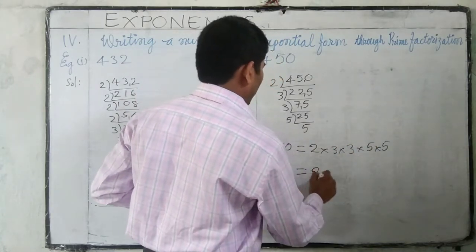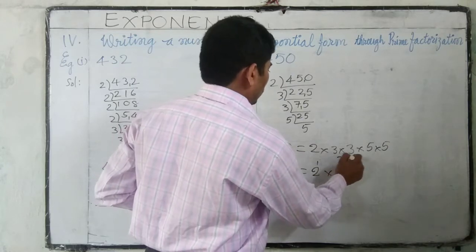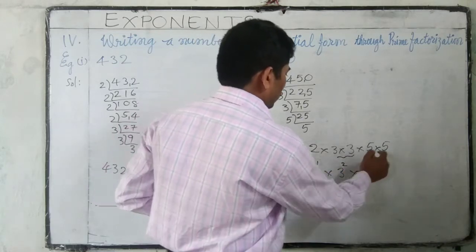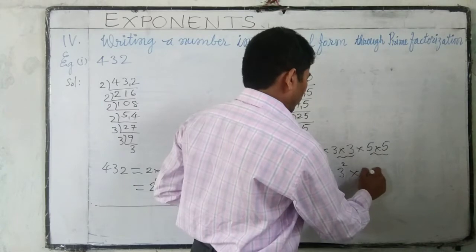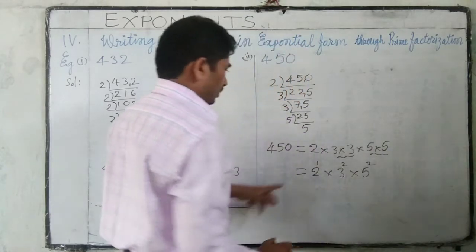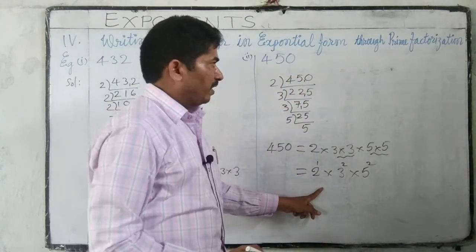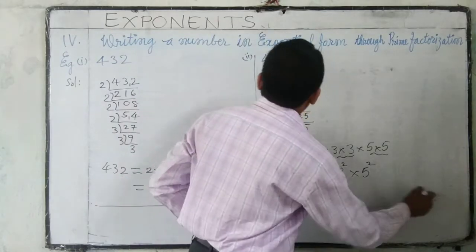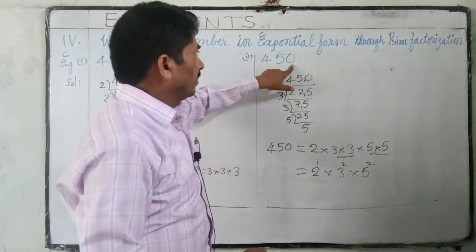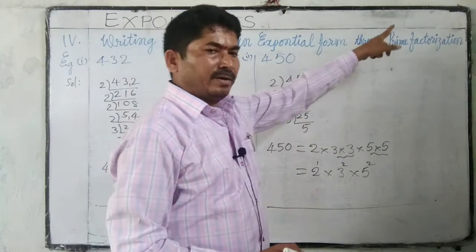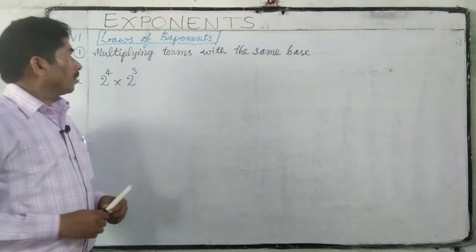So 2 only once, 3 is 3 square, and 5 is 5 square. So this is the exponential form for 450 by using the prime factorization method.